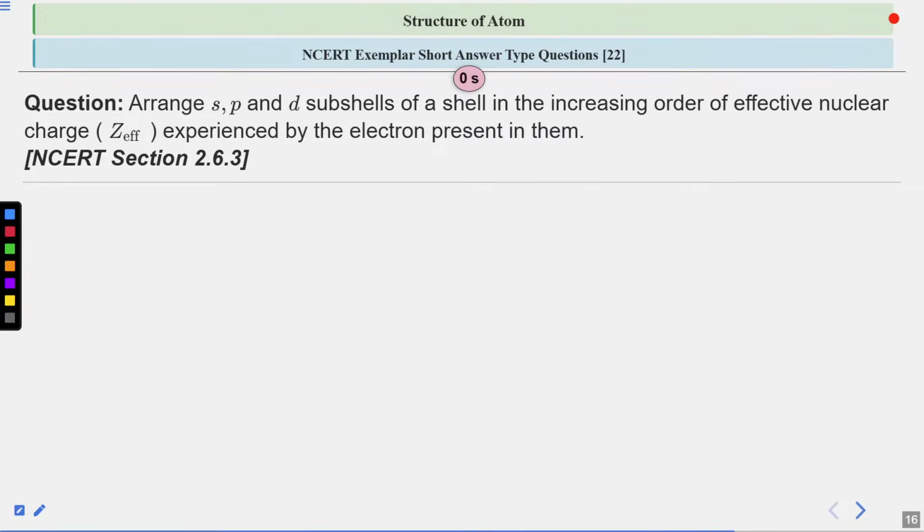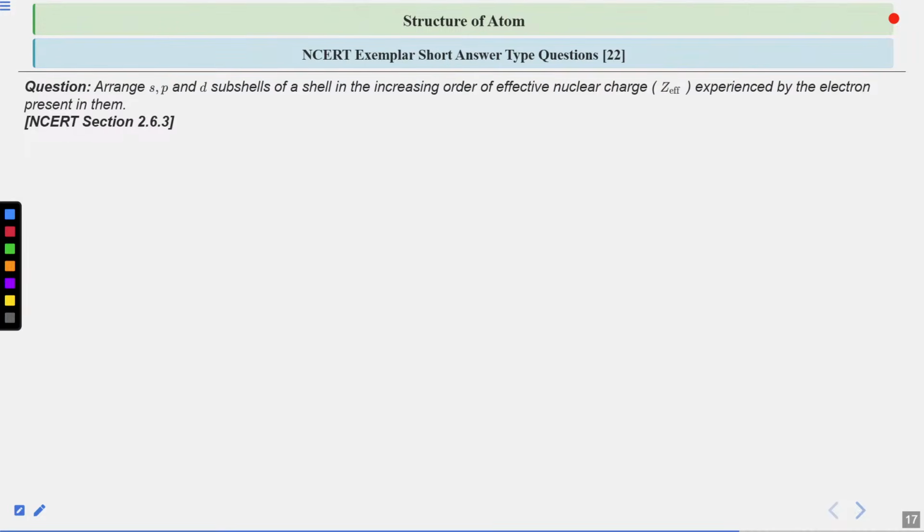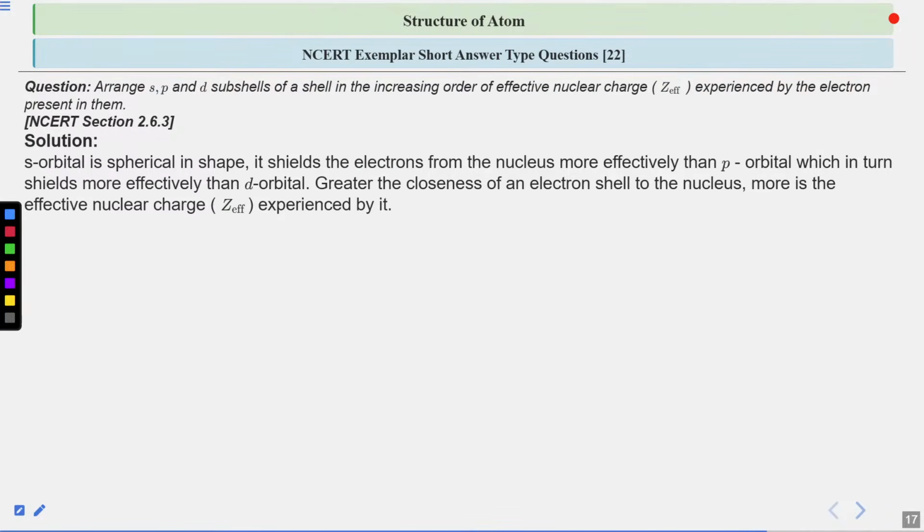Okay, so let us see what is the correct answer. It will be in one line. We know very well that the S orbital is spherical in shape. Here we are talking about the effective nuclear charge, not the energy.